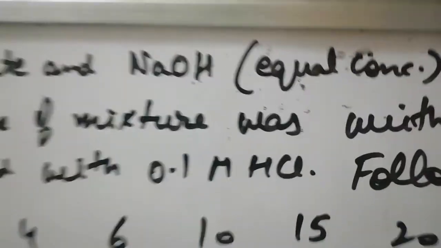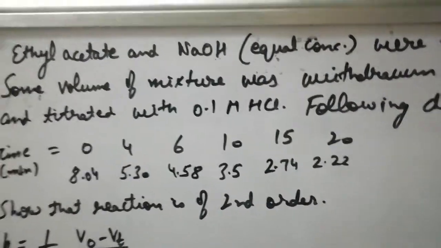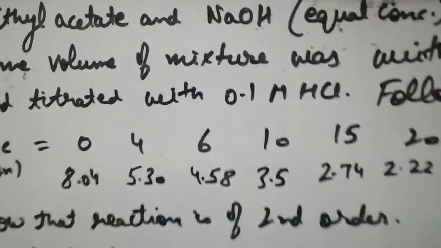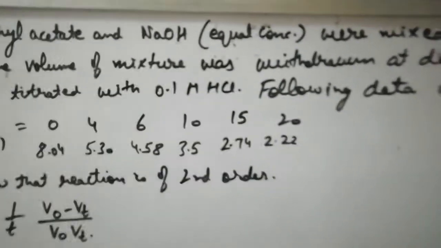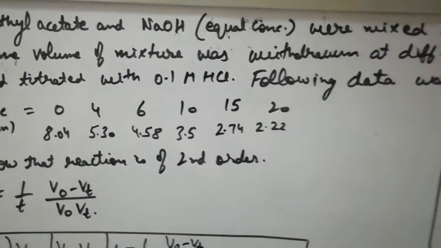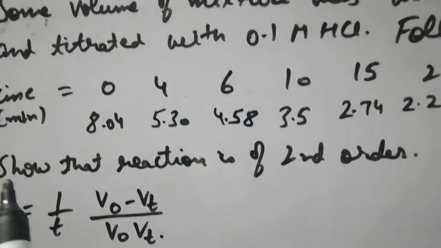The numerical is that ethyl acetate and NaOH in equal concentrations were mixed, and some volume of the mixture was withdrawn at different intervals of time, and this mixture was titrated with 0.1 molar HCl, and the following data was obtained. What is the data which we get?